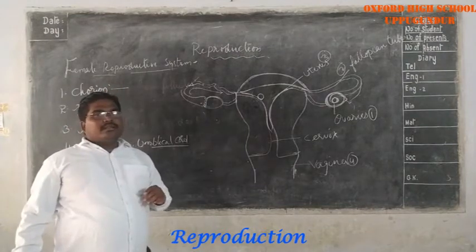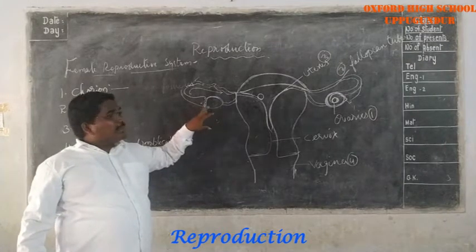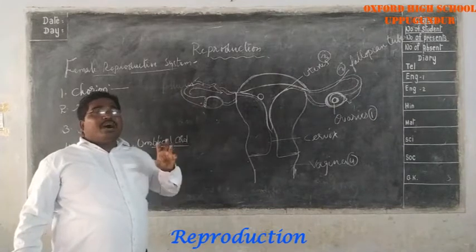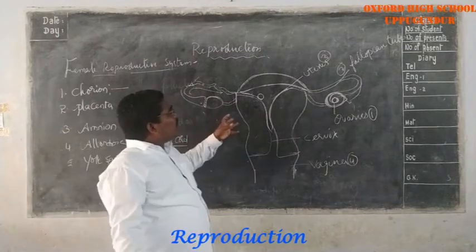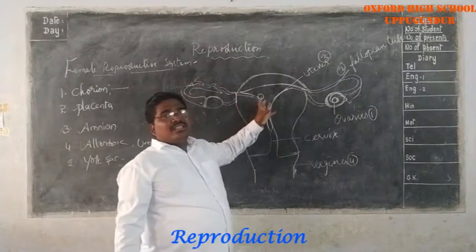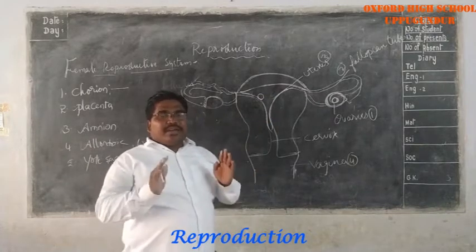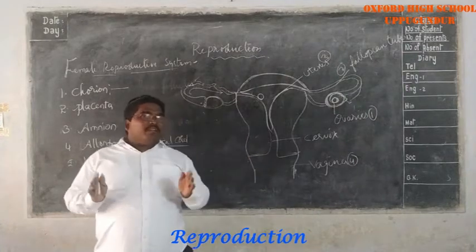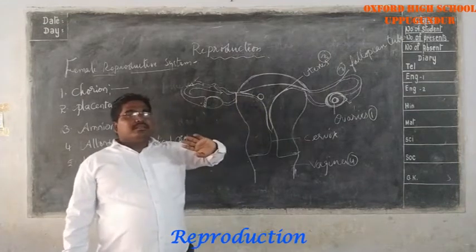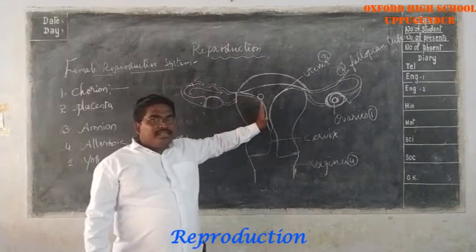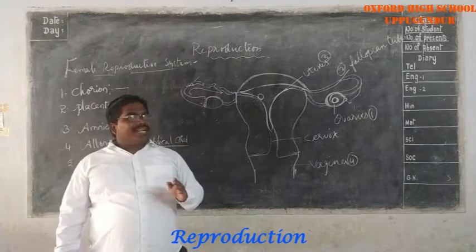When the zygote is developing in the uterus, small finger-like projections develop from the surface of the outer embryonic membrane, which is called chorion. Do you understand this?